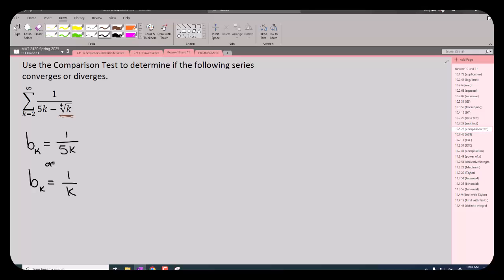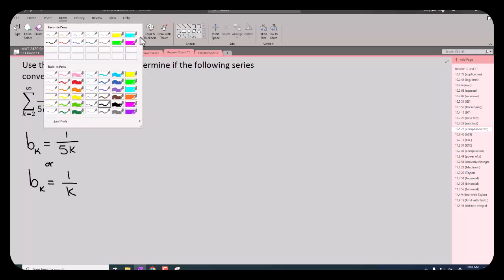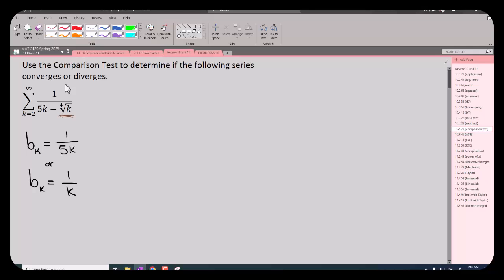So let's choose this one. And when we choose that one, this implies the series 1 over 5 to the k, I'm just going to write out all the details just to be clear on this one. We don't need to indicate where it starts. All we care is whether it diverges or converges. We don't need a starting index value.